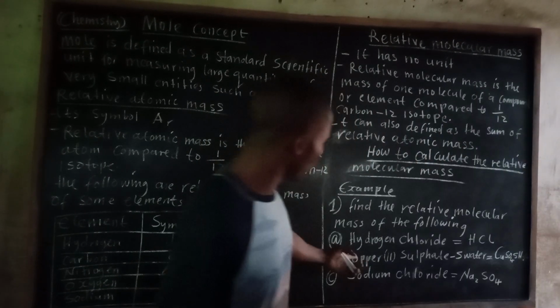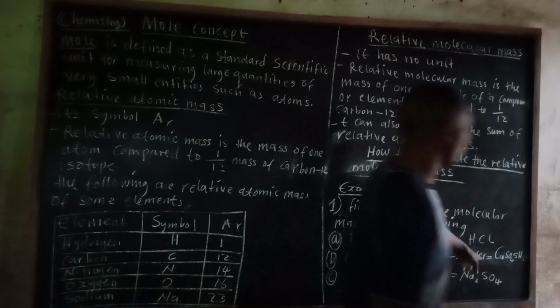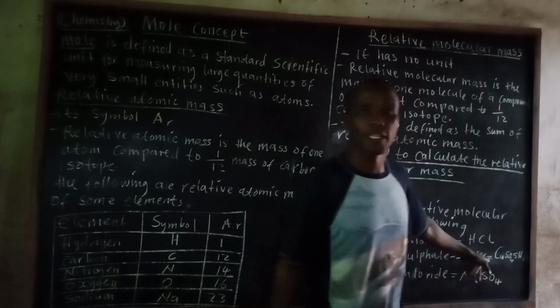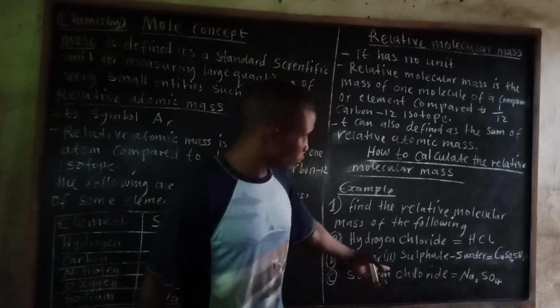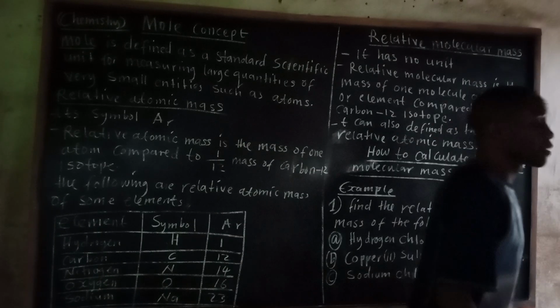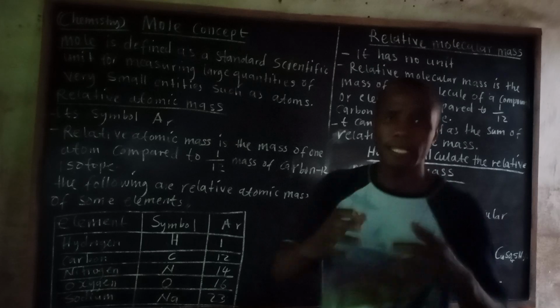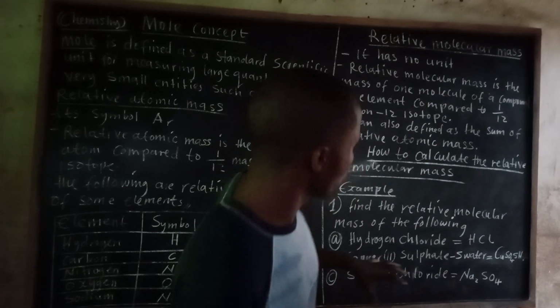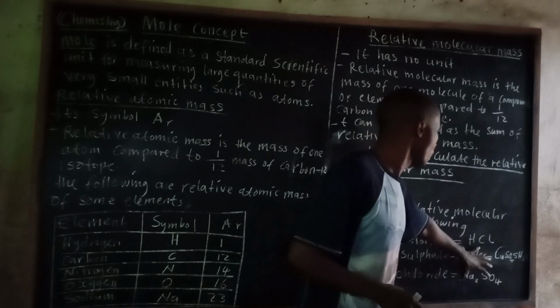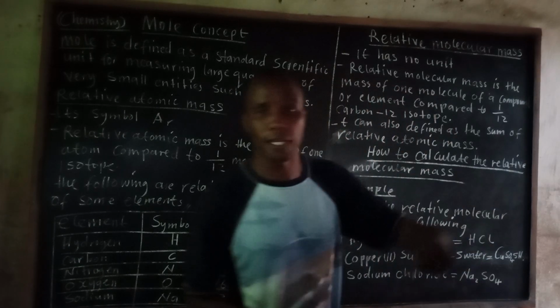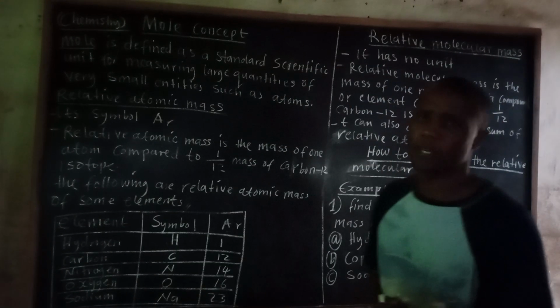Then B, we have copper(II) sulfate pentahydrate. The chemical formula is there. Then again we have sodium chloride. The chemical formula is this one. So for you to calculate the relative molecular mass, first of all, you should know how to write these as chemical formulas, because it is from that point that you are going to calculate.